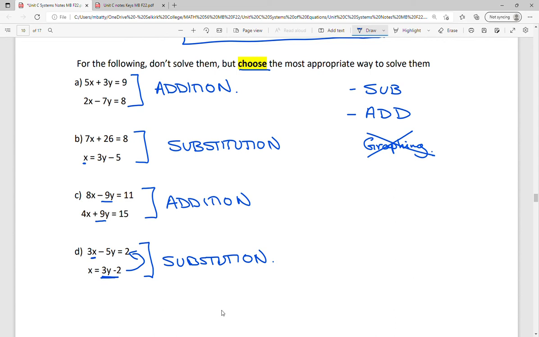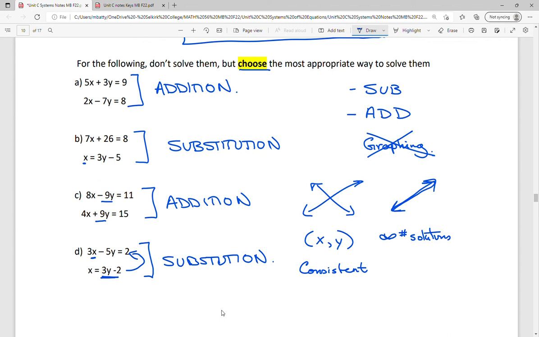So quick reminder, with these ones, we've got the 3 different realities. We've got consistent systems where the lines intersect and we get an X and a Y, so these are consistent. We've got dependent systems that when we graphed them, they were the same, so that's an infinite number of solutions. That was a dependent system. This was my line of truth in the algebraic approaches, so 0 equals 0 or whatever it is, right?